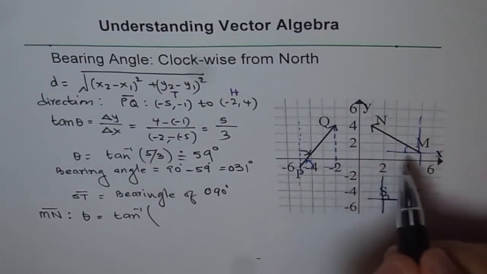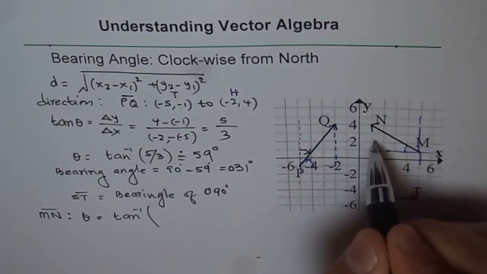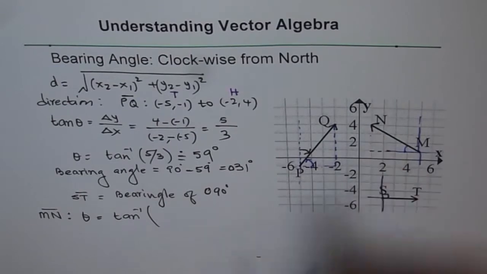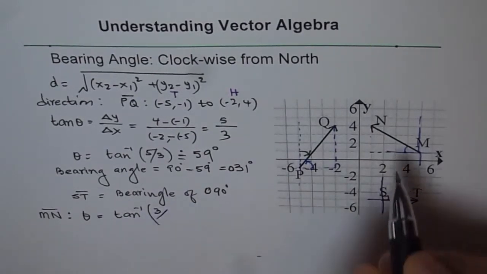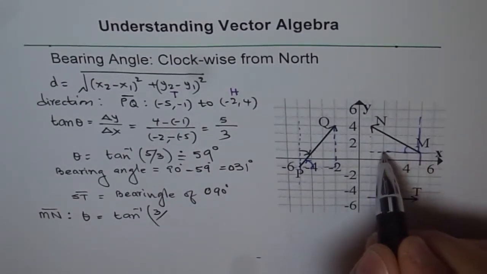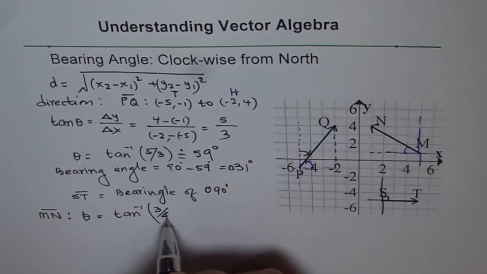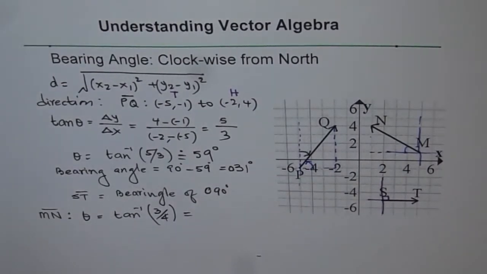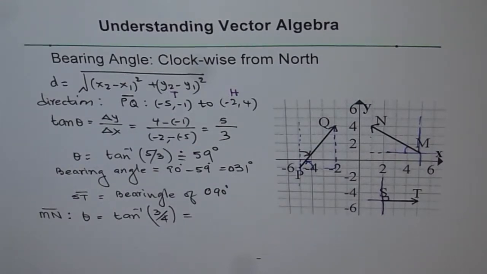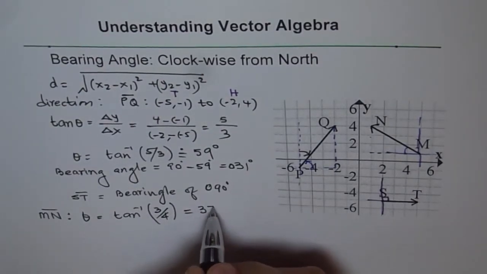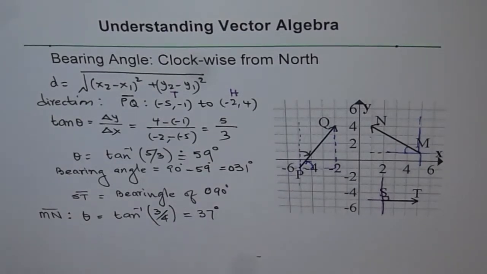Tan inverse of, let's complete this triangle, the rise of 1, 2, 3 divided by 1, 2, 3, 4. 3 over 4. Let's use the calculator: second function, tan inverse, within brackets 3 divided by 4, equals 36.869. Let's say 37 degrees.